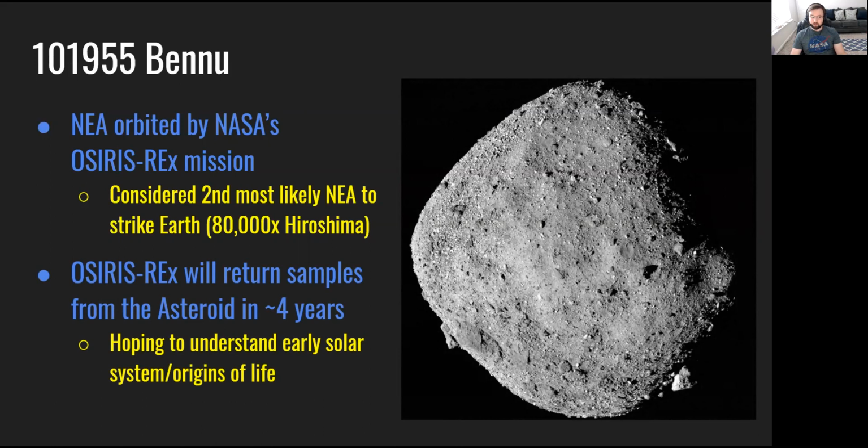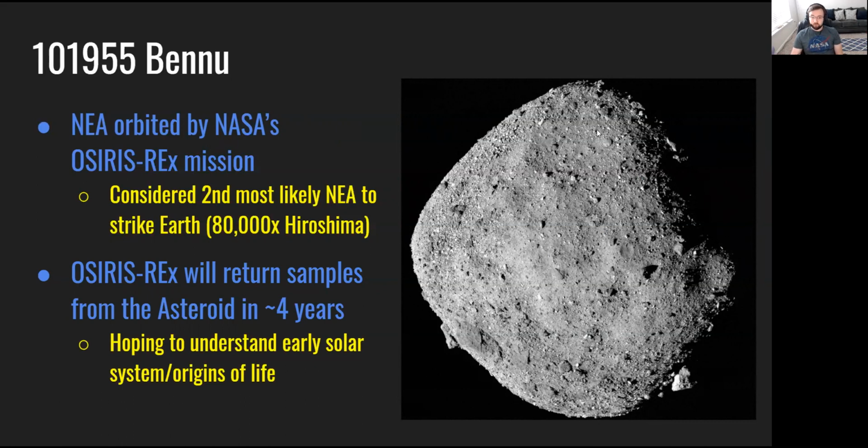It is the OSIRIS-REx. So this probe is designed to actually orbit, capture some samples, and then return them to Earth. So it is going to bring material from this asteroid back to the Earth. So we're going to study it, hopefully learn a little bit more about the asteroid, maybe potentially how we could deflect it if necessary.